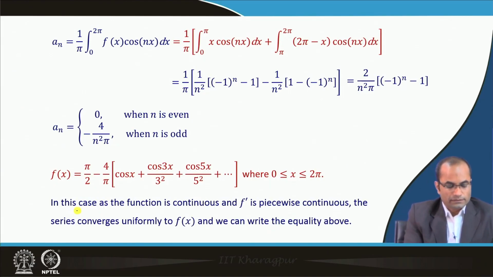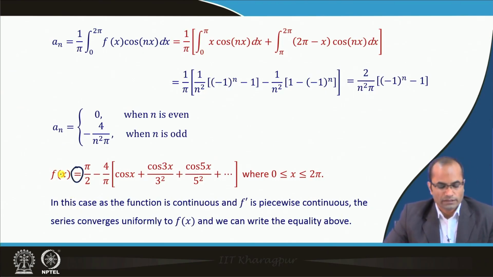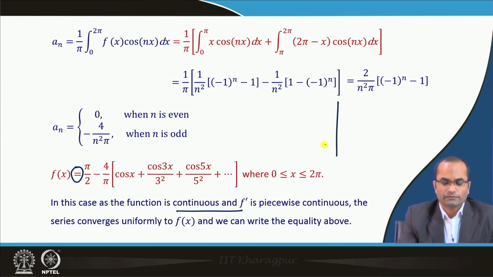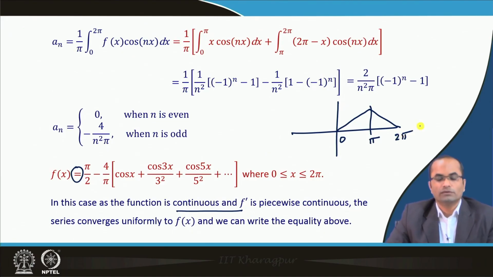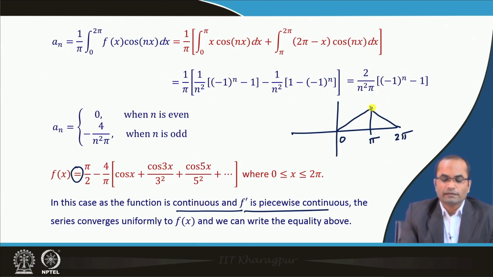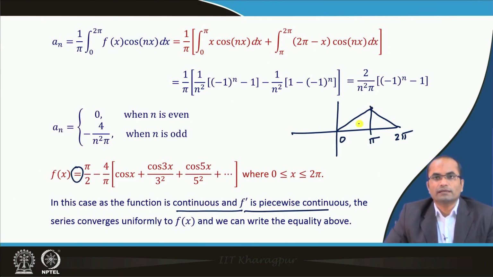In this case one should also note that here I have used the equality sign. Why is the equality sign correct here? In this case the function is continuous. If we take a look at the function, this is a continuous function in the whole range 0 to 2 pi, and we can compute its derivative, and we will notice that it is also a piecewise continuous function.